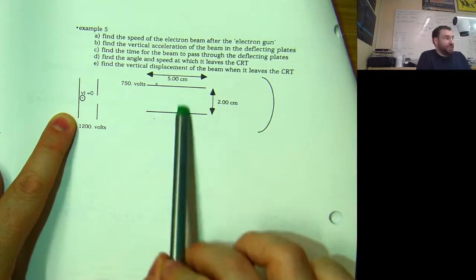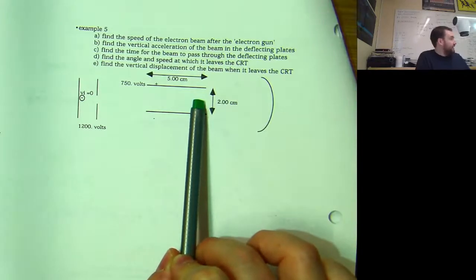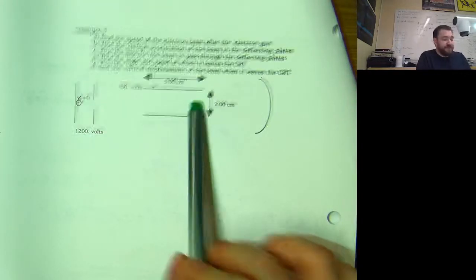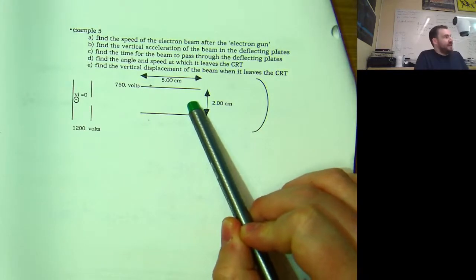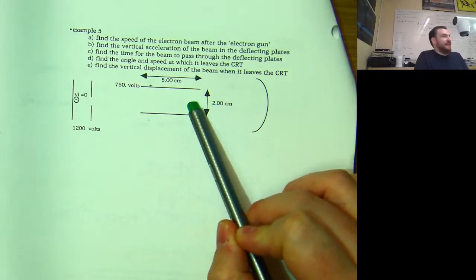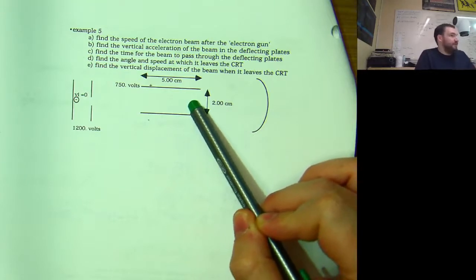This is going to cause it to deflect up, which is giving it a velocity upwards, a component of a velocity upwards. As soon as it leaves this force, there is no longer any forces acting on that electron. There's no forces acting on an object in motion. That object is going to continue in motion until it is acted on by another force. Newton's laws.